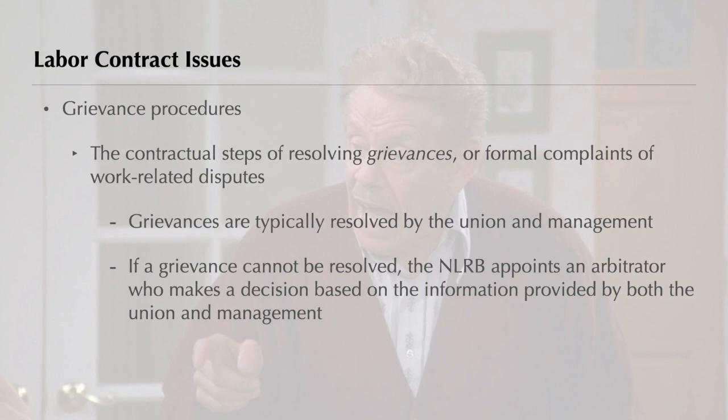Grievances, or formal complaints, usually are resolved by committees made up of representatives of the union and the management. If this procedure does not resolve the problem, a negotiator is brought in by the NLRB. Both sides, union and management, must agree to give the negotiator all applicable information and to abide by the negotiator's decisions.